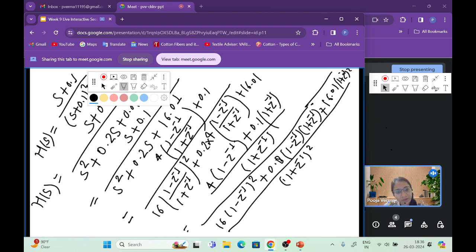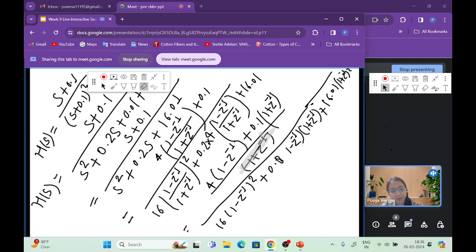No, already we have divided and multiplied, so it will go up. This 1 plus z inverse, which is in the lower part, will go up. That 1 plus 1 is cancelled and 1 is multiplied with this. Okay, I hope all of you are getting it.